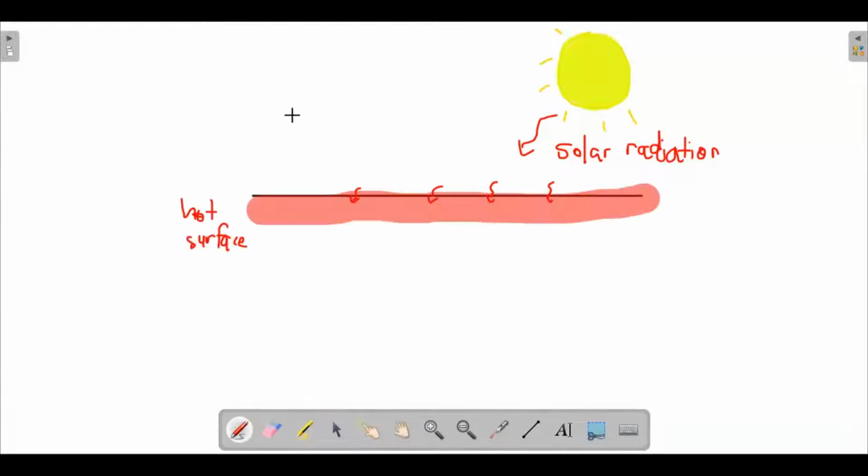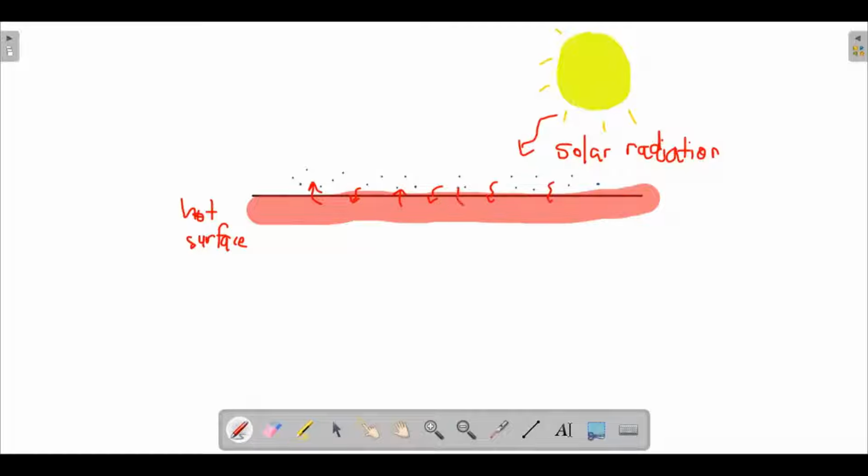Or hot. And when it is hot, it transfers this heat energy to the particles, the air particles that are close by. The air that is close to the surface receives this energy. We say this type of transfer is called conduction.